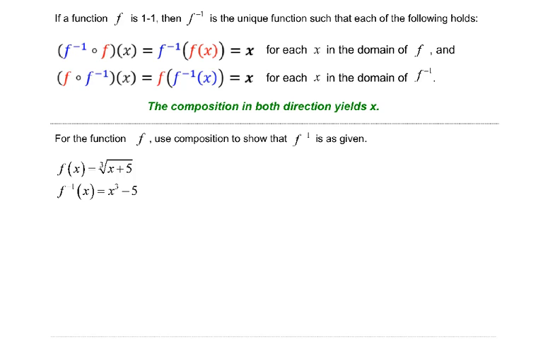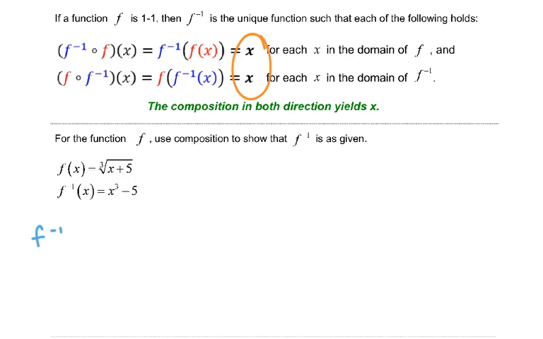So remember, composition, you're plugging one function into the other for x. And as long as you verify the composition in both directions, f inverse of f and f of f inverse both simplify down and give us x, we can prove that these two functions are indeed inverses. So I'm going to do both of these.